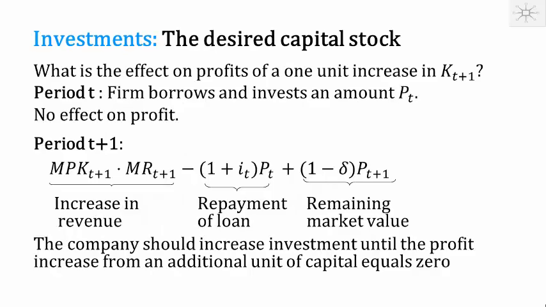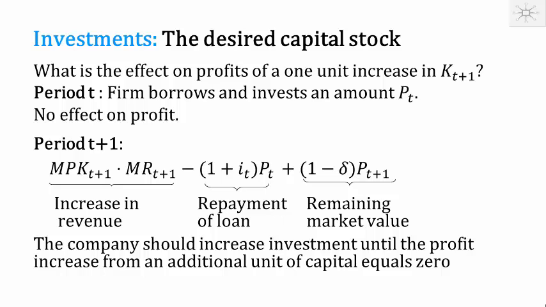So the firm, as always in economic models, wants to maximize profits. So we ask, what is the effect on profits if we increase capital next period by 1 unit? Well, in order to increase capital next year, we have to invest 1 more unit this year.